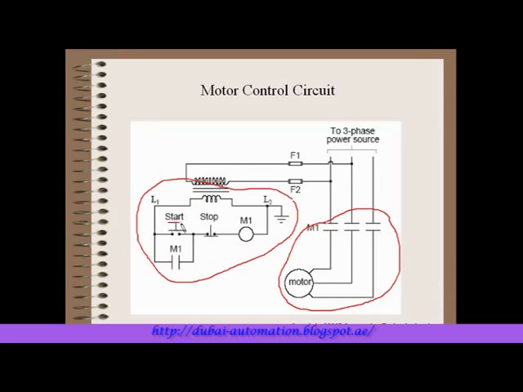You have your start push button, a stop push button, and a typical relay with a seal-in contactor, where when that relay pulls in, it seals around this momentary start push button. So that's our standard motor start-stop circuit that we have for a PLC.